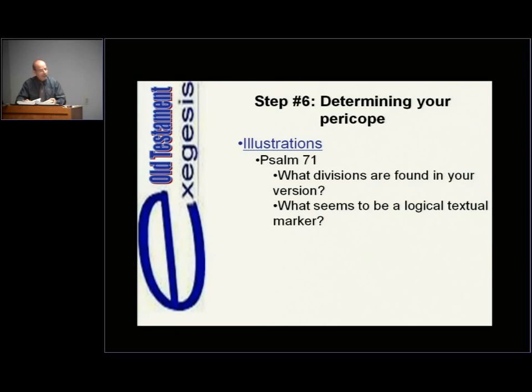Are you following what we're doing here? All right, if that's what we did, how far would you go before you get to another vocative? Through verse 11, you don't have another one until verse 12.